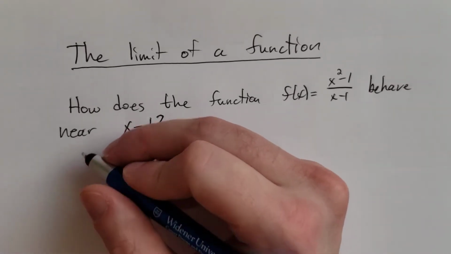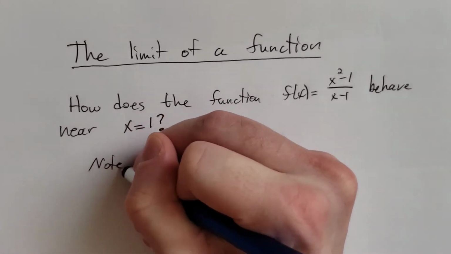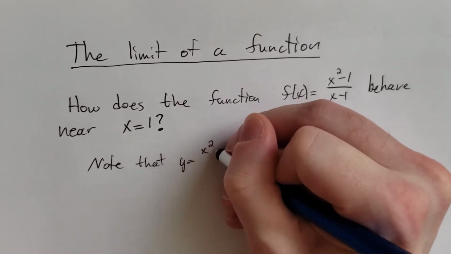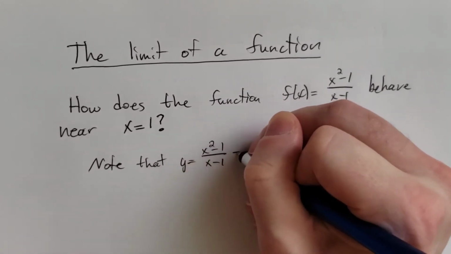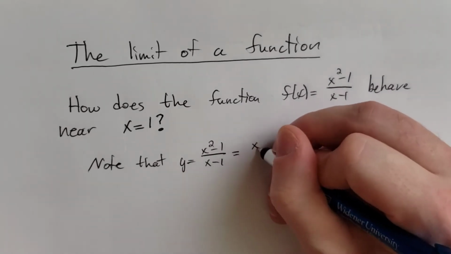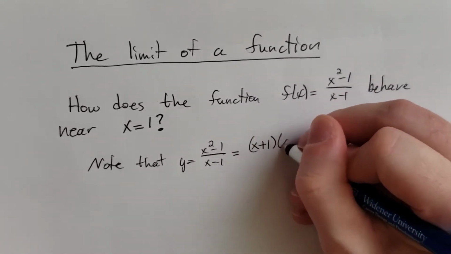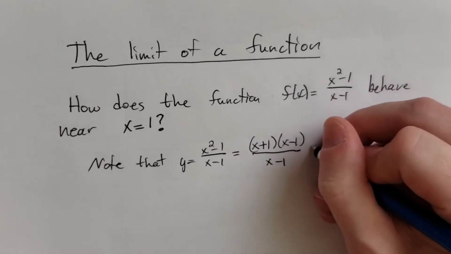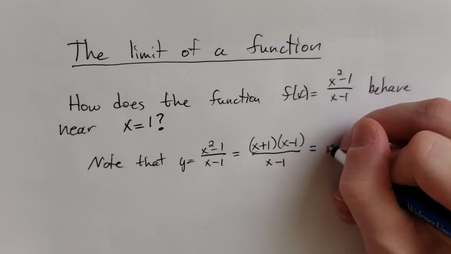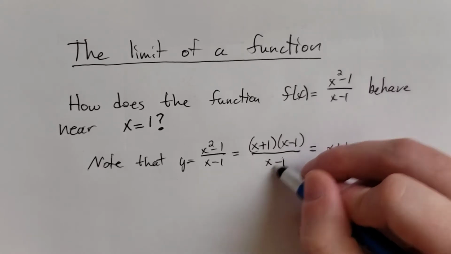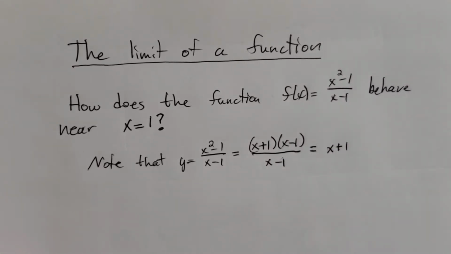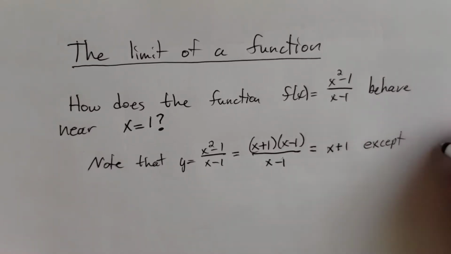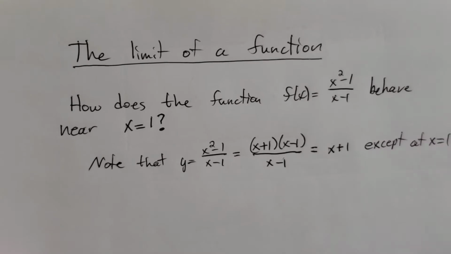And I want to note a few things. So note that y equal to x squared minus 1 over x minus 1 is equal to x plus 1 times x minus 1 all over x minus 1, which algebraically would be equal to x plus 1 if we canceled out x minus 1 over x minus 1, except at x equals 1, right?